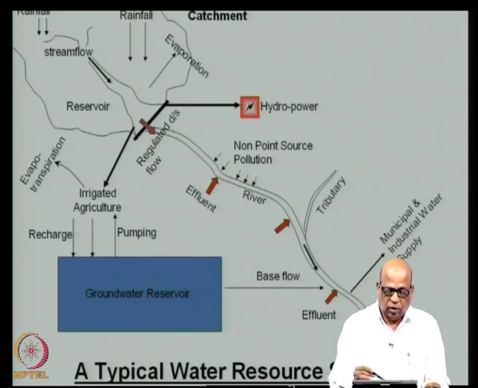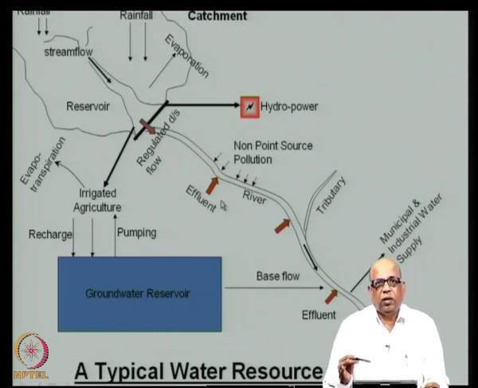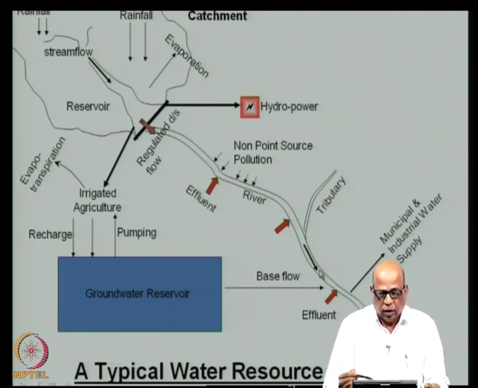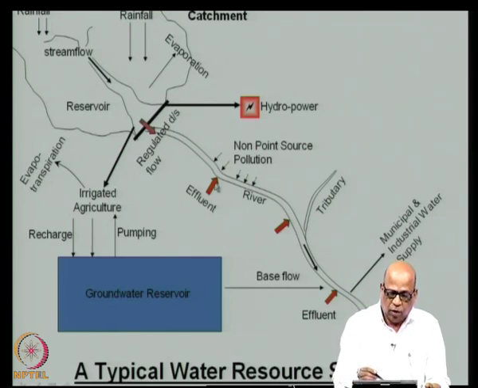In Indian situations, many times we get municipal and industrial effluents which are not treated to the extent that is desired, and therefore they add to the pollution of the stream. In addition to these effluents that are shown as point sources, these are called point sources because they join the stream at one location like this.